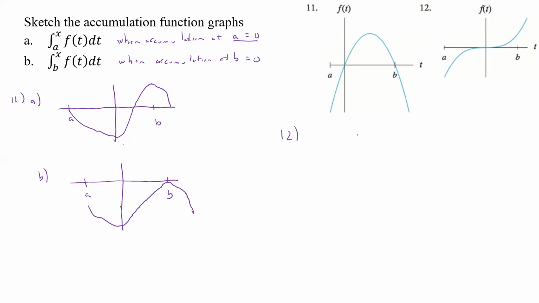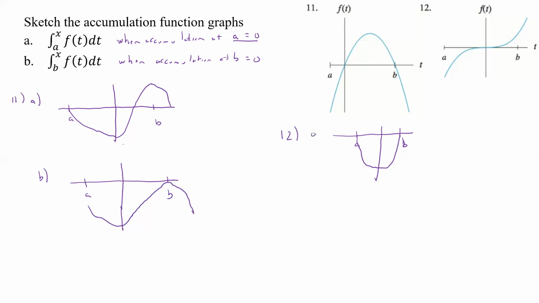So let's see if we can draw that. Again, let's say that's A, that's our B. So it's going to be decreasing, and then it's going to start getting really flat, and then it's going to start increasing again. Something like that.